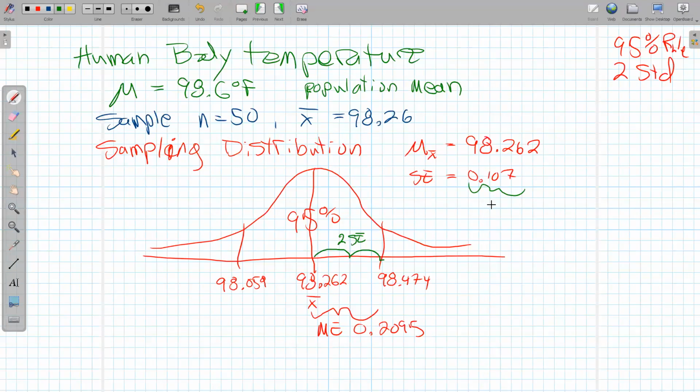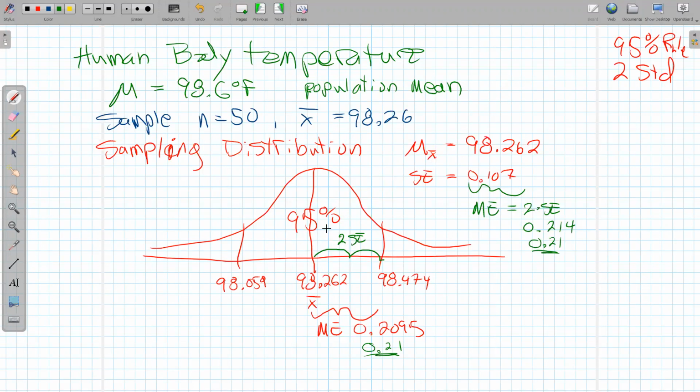So if I double that, that should be about the margin of error. For a 95% confidence interval, the margin of error will usually be twice the standard error. So if I double that, I get 0.214 versus 0.2059. If we rounded both of those to 2 decimal places, that would be about 0.21, and this one would be about 0.21. Right, so they're close to each other.